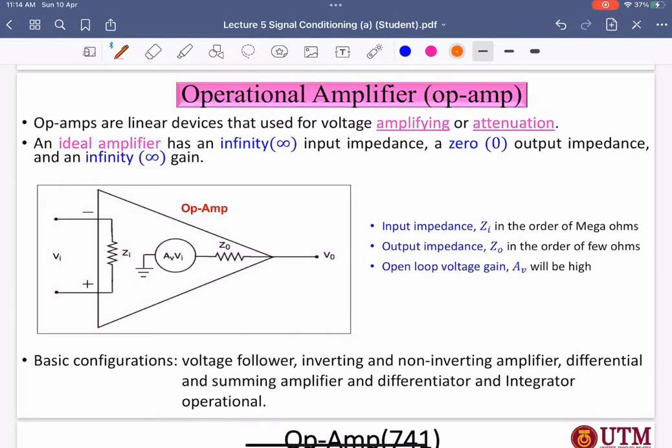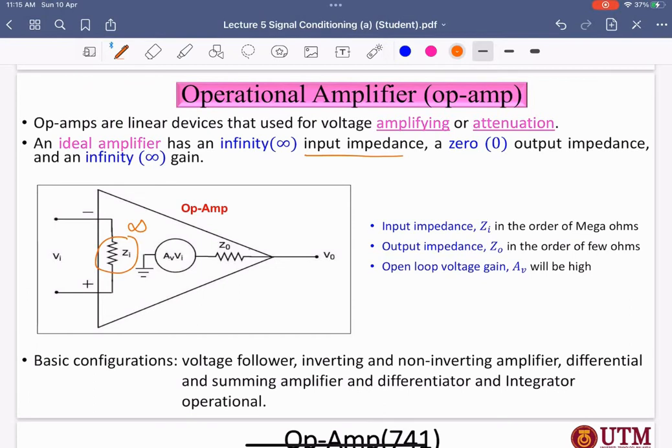You can amplify it or de-amplify it. An ideal amplifier has infinite input impedance, that means here ZI can be infinity, and a zero output impedance.